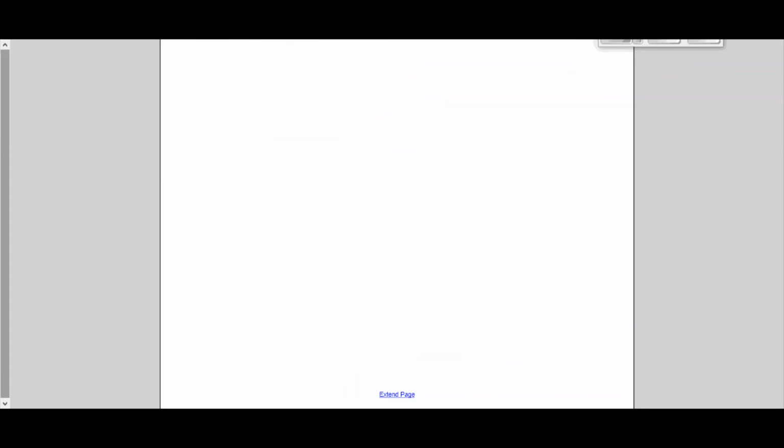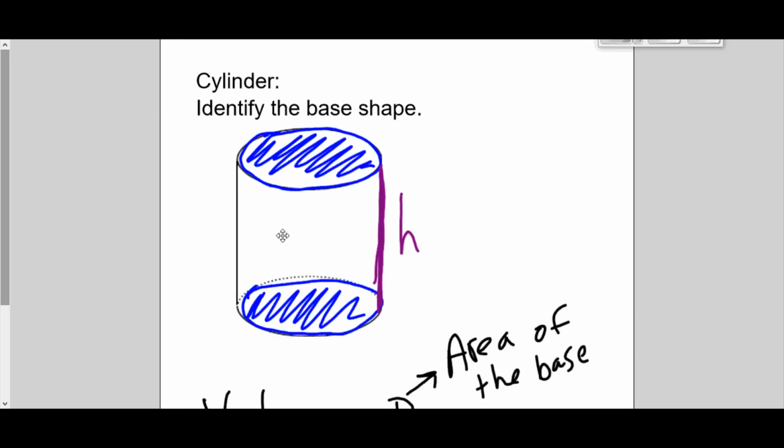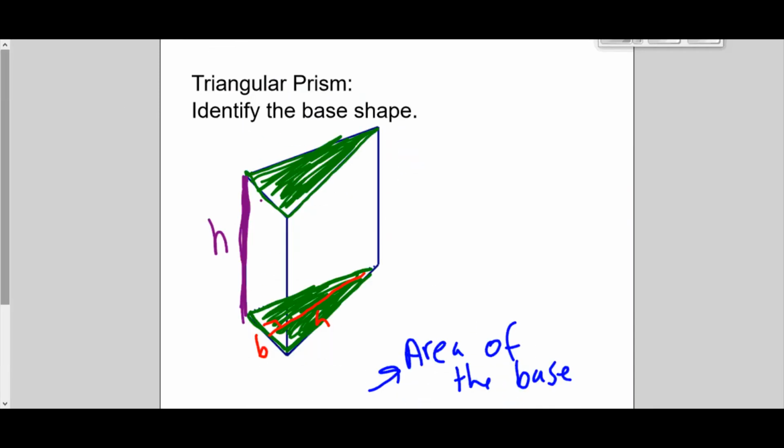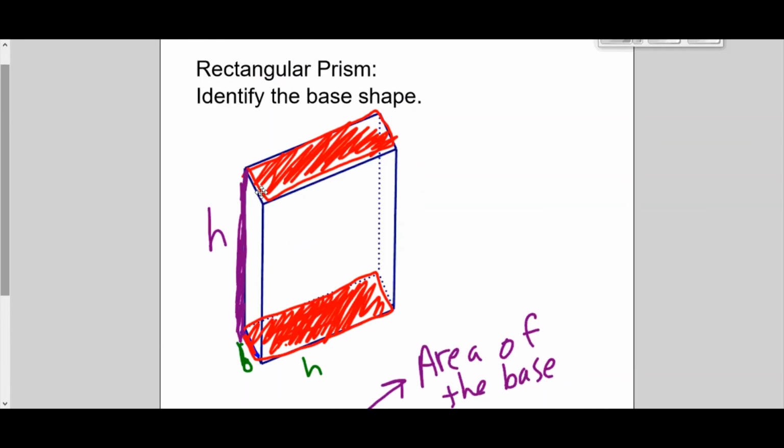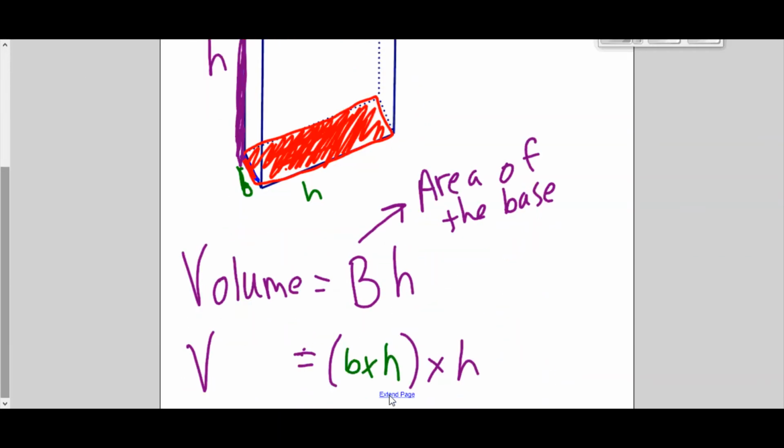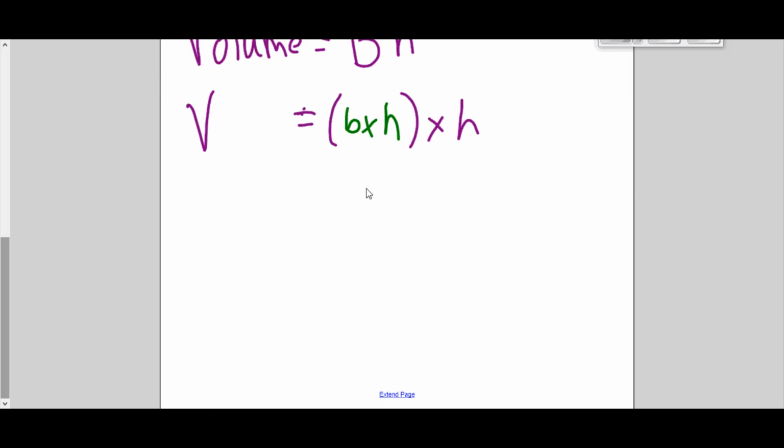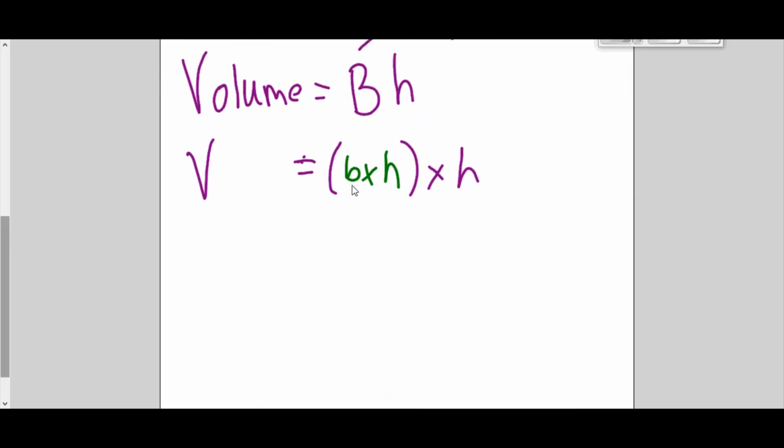So the one last thing I want to point out before I end this is, let me go to the rectangle for example. Notice in the rectangle, I'm multiplying a base times a height times another height.